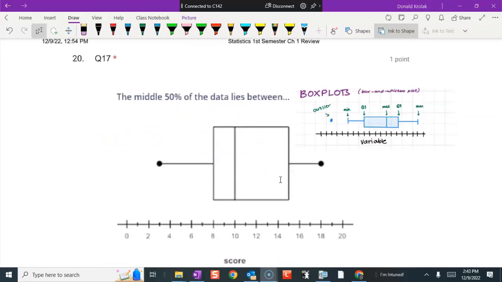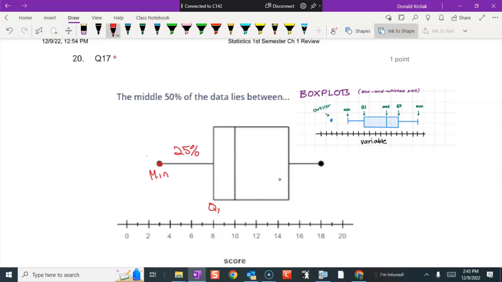Okay, the middle 50%. So what the different quartiles do is they divide this distribution up into 4 equal parts, or 25%. So between the minimum and the first quartile, that's going to be 25% of the data.